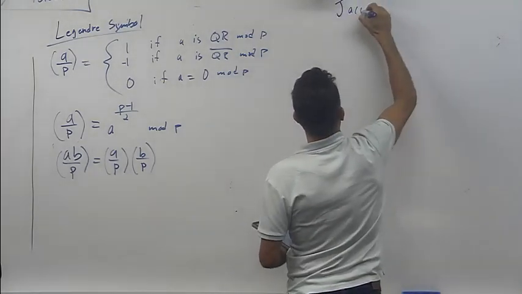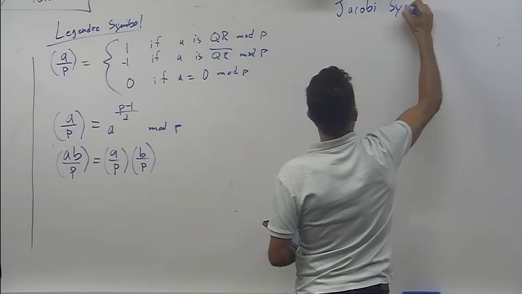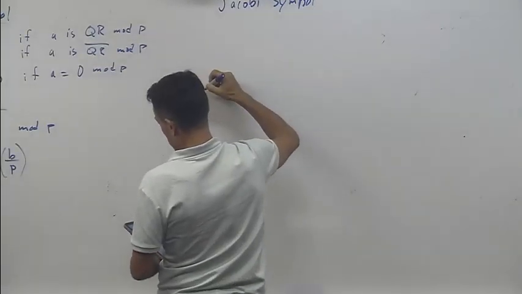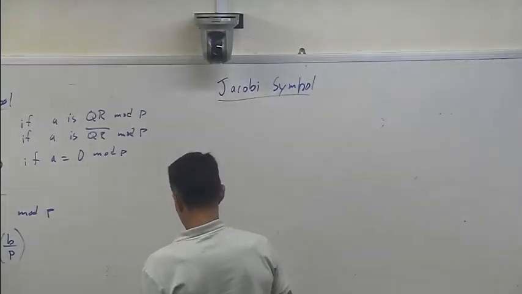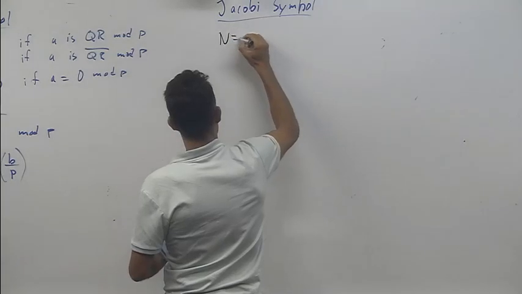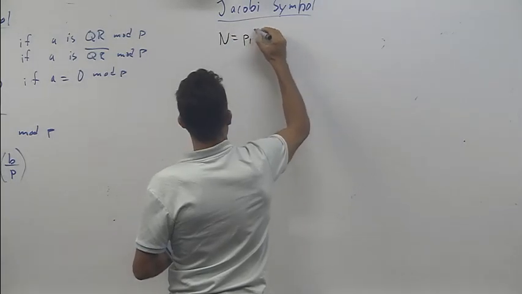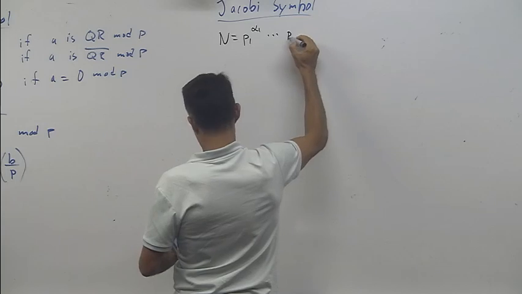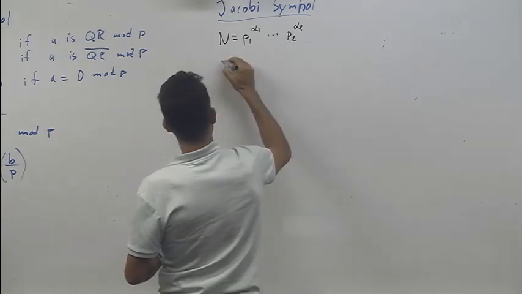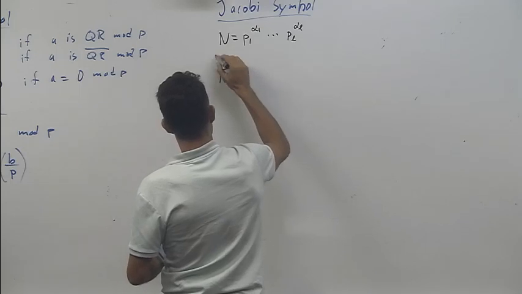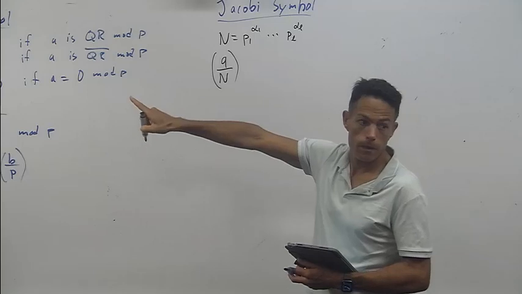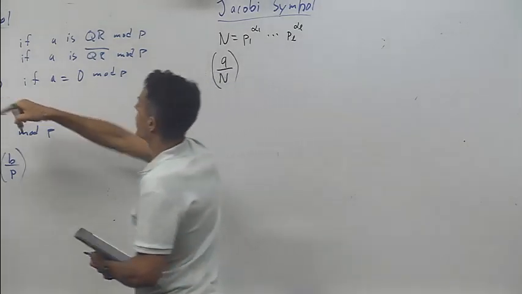Now the Jacobi symbol. And it's just a generalization of Legendre. We're going to take n, again being our set of prime powers. Before, Legendre was actually only defined for prime numbers in the denominator, the lower half.